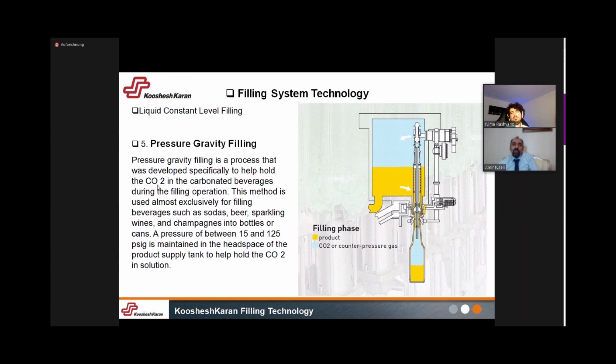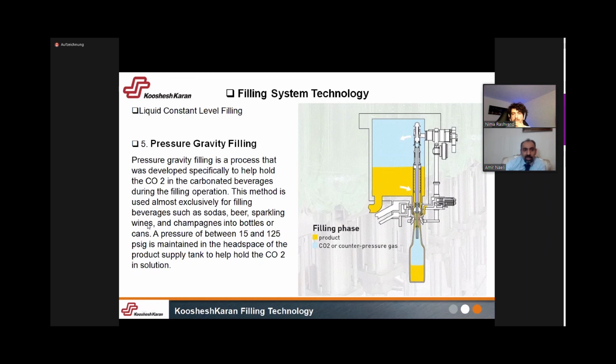This method is used almost exclusively for filling beverages such as soda, beer, sparkling wines, and champagne, or also coca in a bottle or can.